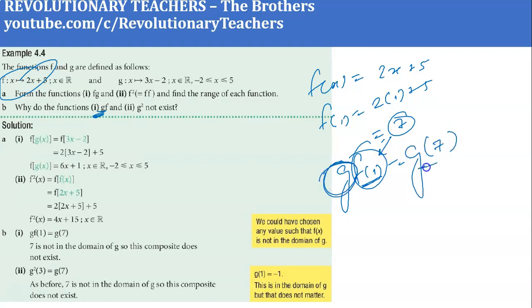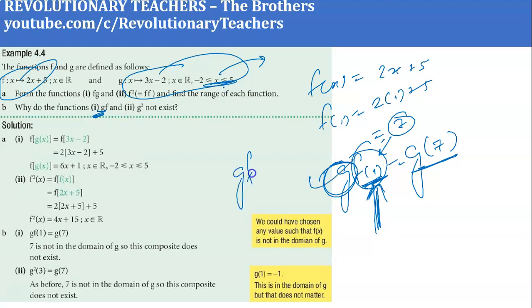Is it possible to obtain g(7)? See, we have restrictions over here: whatever value we substitute in the function g must be between minus 2 and 5. I have a constraint. Due to this constraint, it is not possible for me to find g of f.